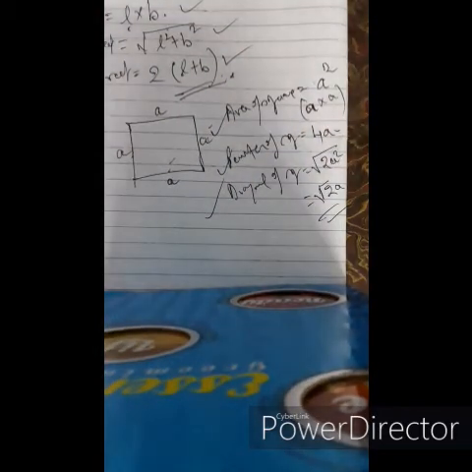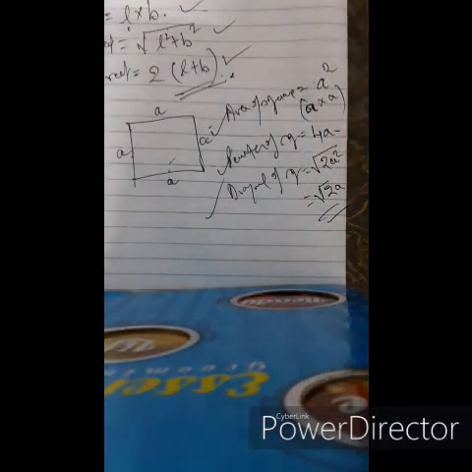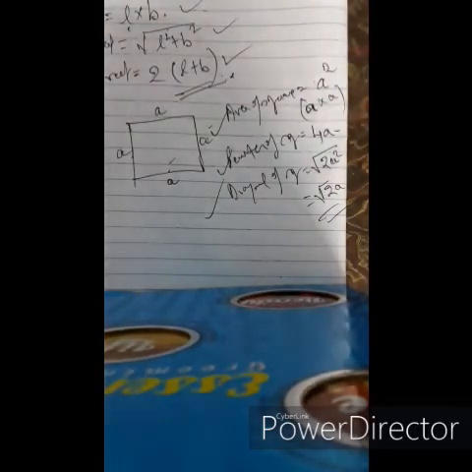Area of square is A square, perimeter of square is 4A. A square means side square. Perimeter of square is 4 into side, and the diagonal of a square is root 2 into side.